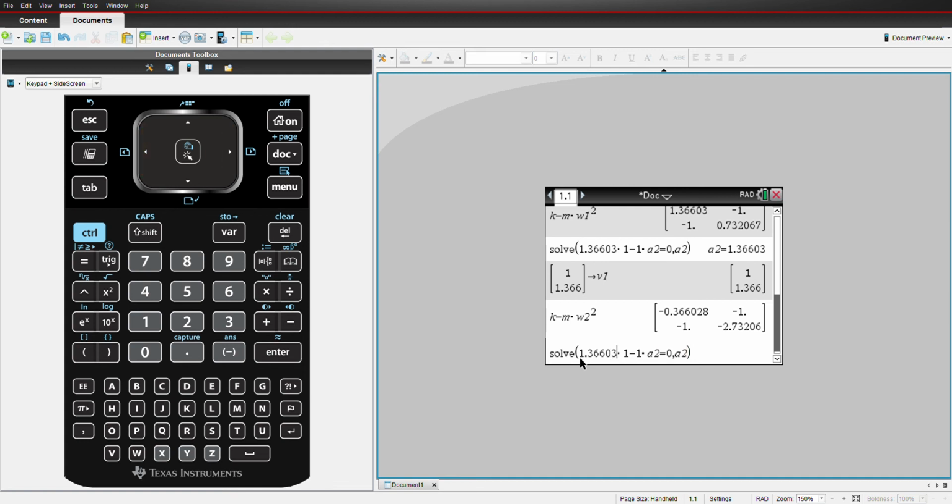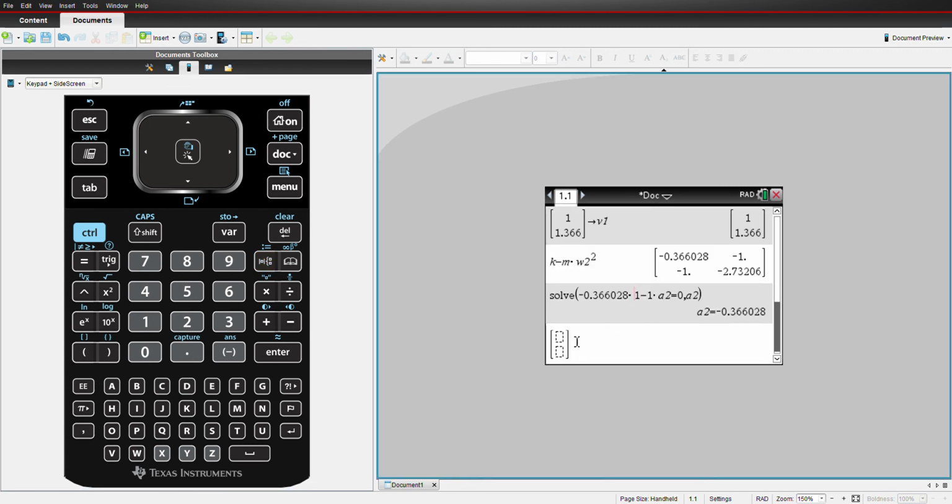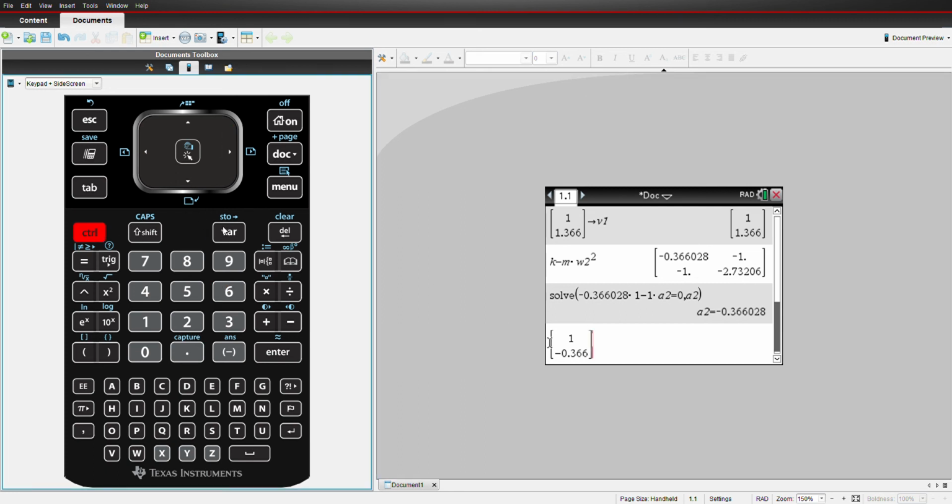Instead of 1.36603, we have negative 0.366028 times A1, which we always assume to be 1, minus 1, which is this corner, times A2. And let's solve for A2. So our second eigenvector will be 1, negative 0.366, and we'll store that as V2 just in case we need it in the future.